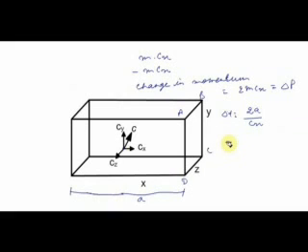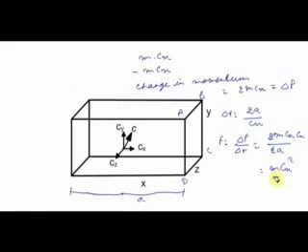So the average force exerted by this gas molecule due to this collision would be F equal to delta p by delta t, which is equal to 2mcx by 2a by cx. So the average force is mcx square by a, where a is the length of this container, and let's say that b is the width of this container and c is the height of this container.